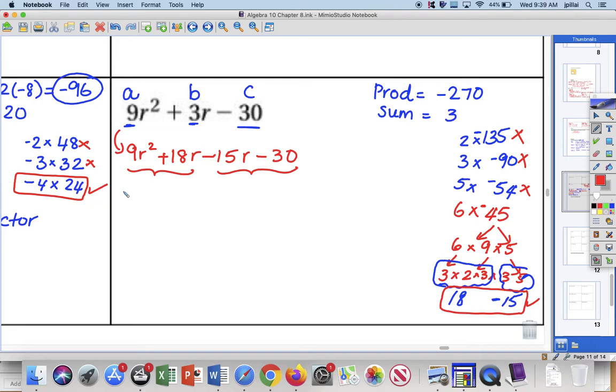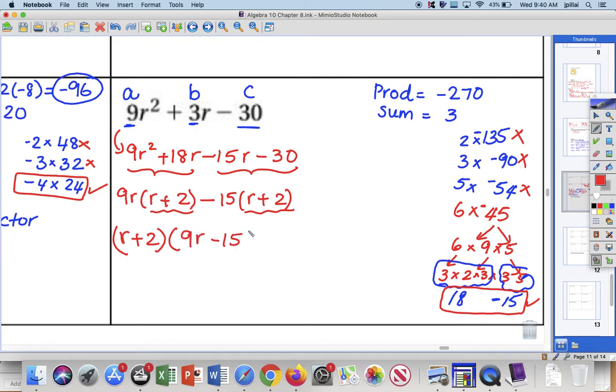When I group this, I get 9r times r plus 2 minus 15 times r plus 2. So now you notice that r plus 2 and r plus 2 are the same. So factor that out. That leaves you with 9r minus 15. Okay, so yes, you're done.